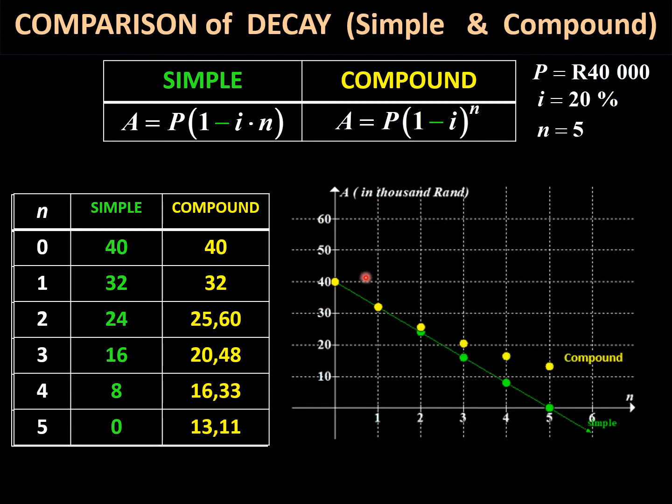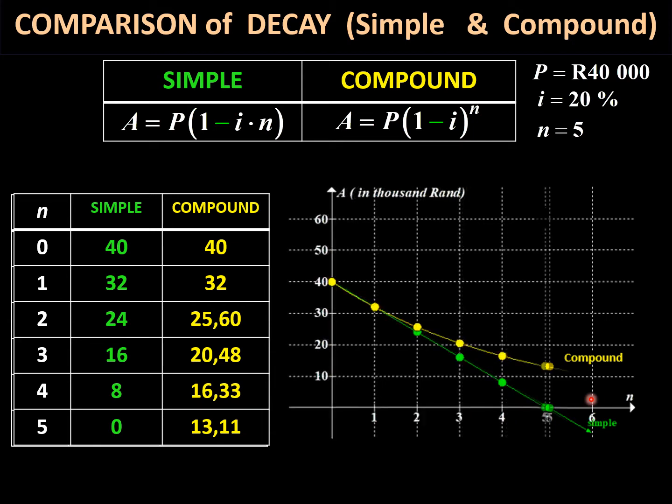It also has an exponential function here, but it never reaches 0. There's an asymptote here. And if you just join those points, we see that that's the compound decay. It will never attain 0. It doesn't matter how far we go.